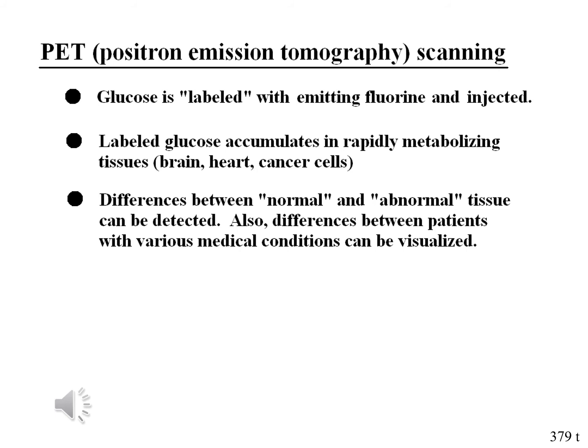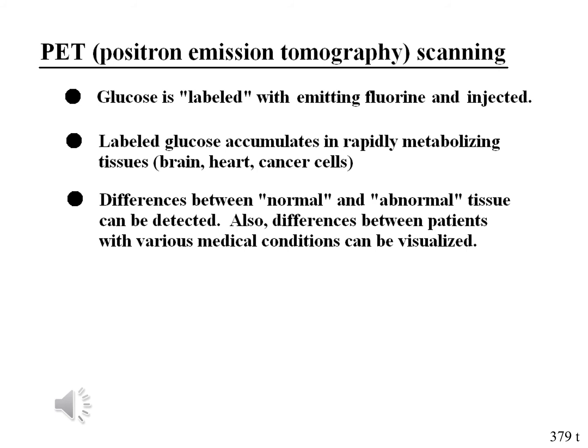Now, the thing about glucose is the labeled glucose goes the same place as regular glucose goes. And the thing is, where is that? Well, the reason you have blood sugar or glucose is for energy. That's your big energy source.